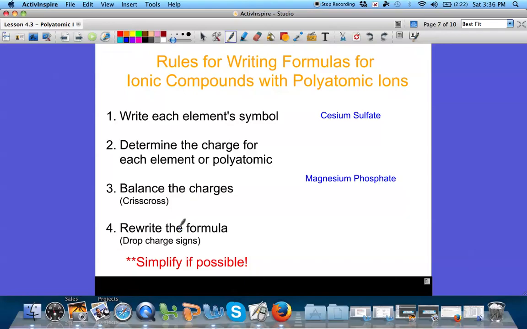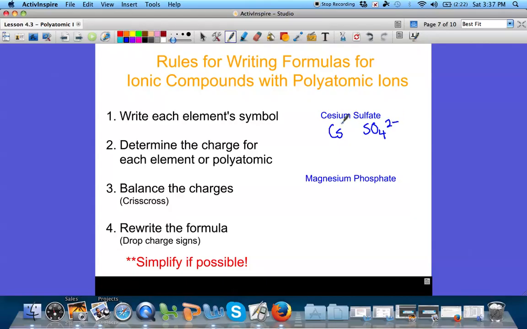The rules for writing formulas with ionic compounds and polyatomics. The first thing that we're going to do is write each element's symbol or the polyatomic's formula. So cesium is Cs and sulfate is SO4 with a 2- charge.